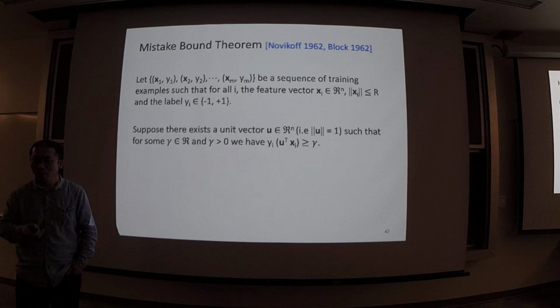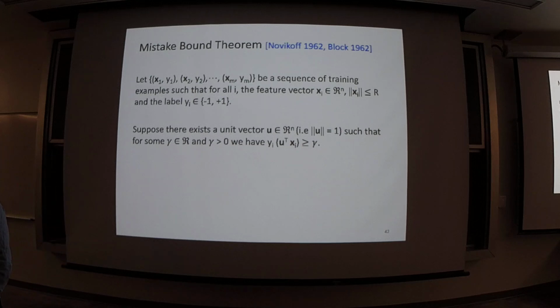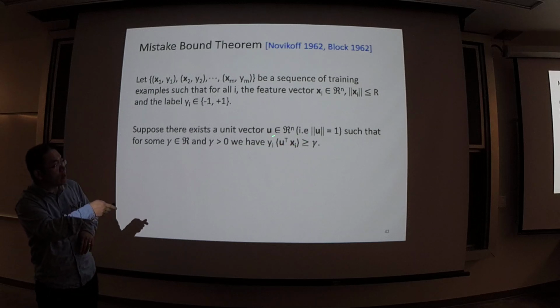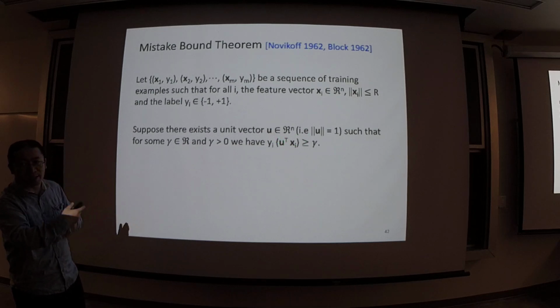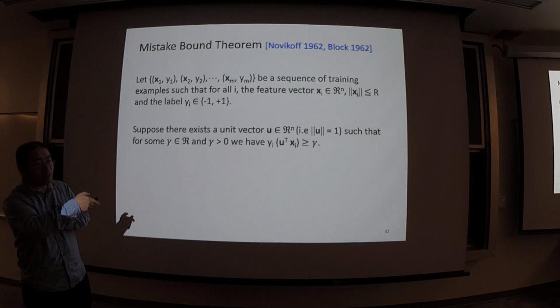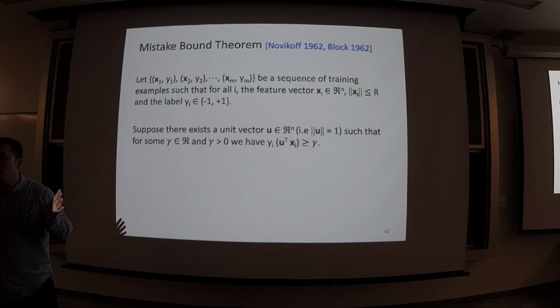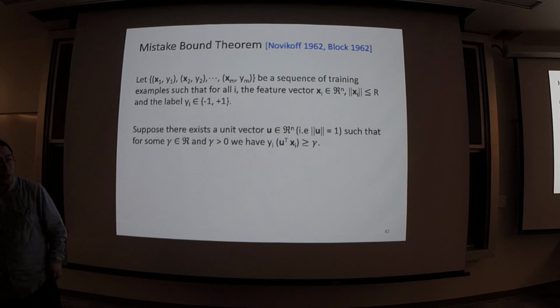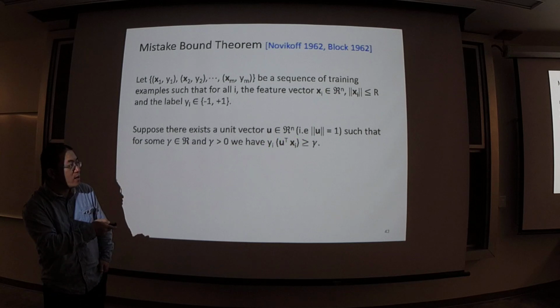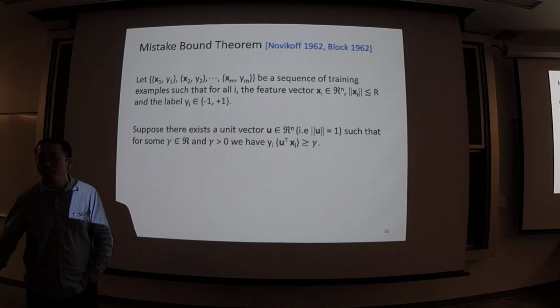First, every yi times u transpose xi is non-negative, so it means you can correctly classify all the training examples. But in addition to that, we require that this classification function value is no less than gamma.